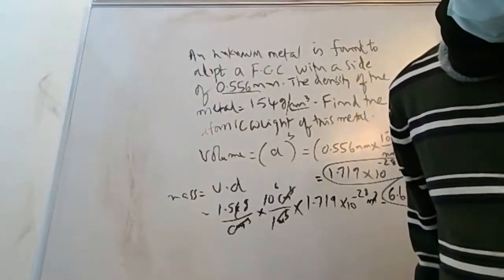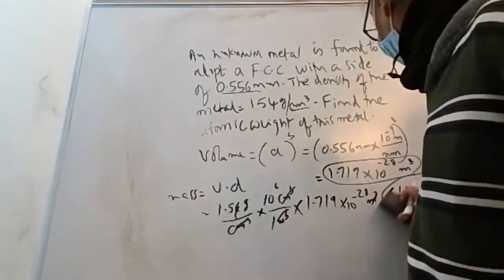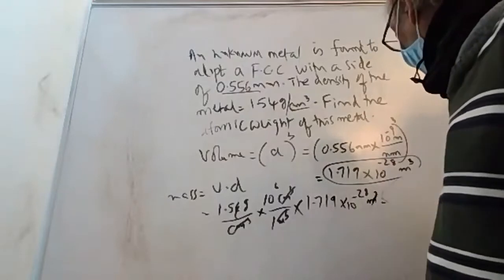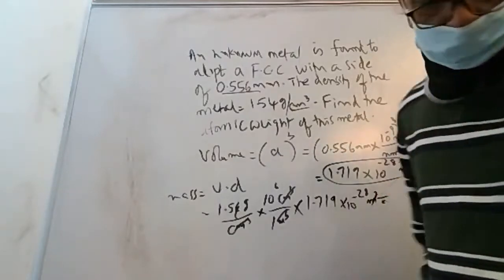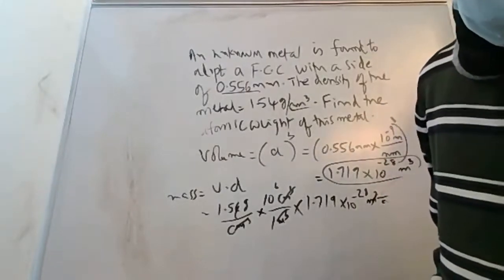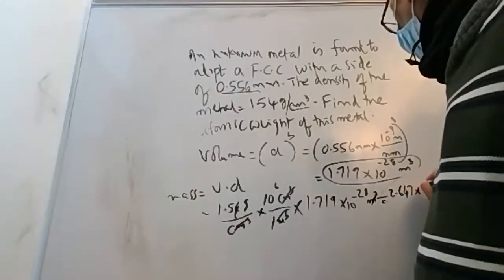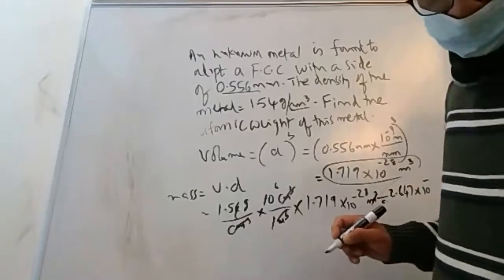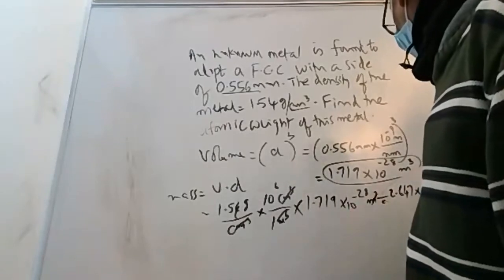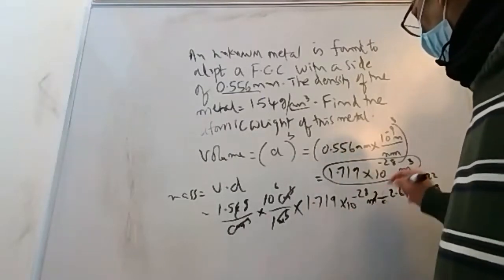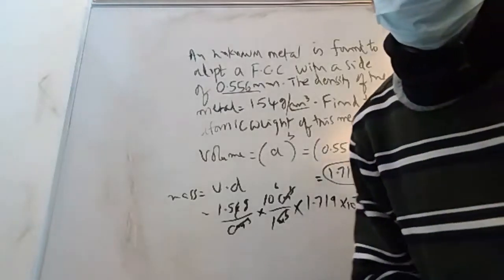No, that's not correct, sorry, let me reword this. That comes out as 2.647 times 10 to the negative 22 grams. That's the mass of the unit cell.